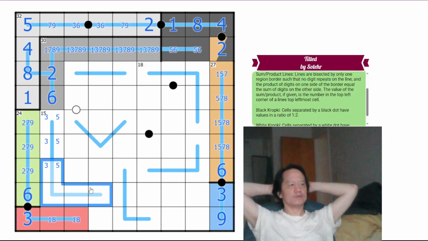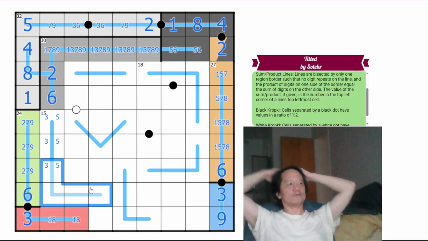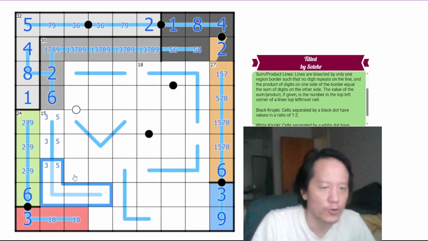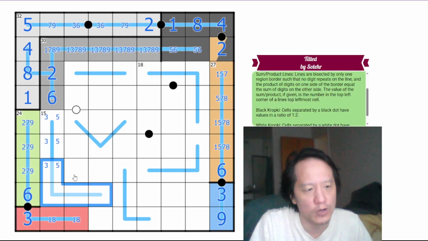Sorry, no. 1, 2, 4, 8 works. 1, 2, 5, 7 would have to be the case, and that's not allowed. What about 1 with any other digit? No, it would have to be. So if it's 4 digits, it has to specifically be 1, 2, 4, 7.